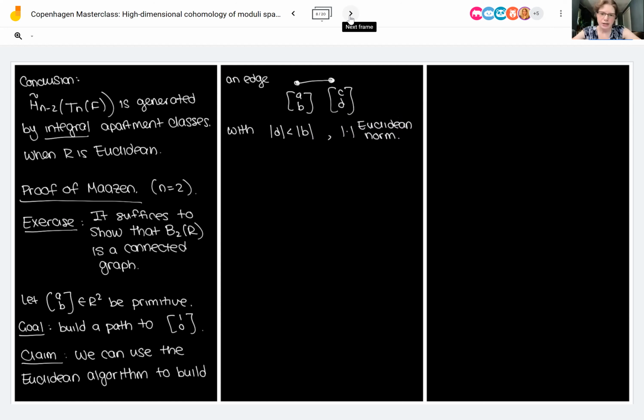Okay, and once we've done that, we are done by induction. Then we can just continue iterating this procedure until we get this second term down to 0. Okay, and so here's how we can do this.